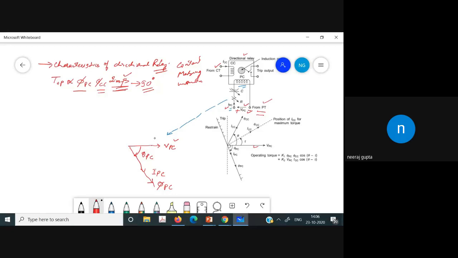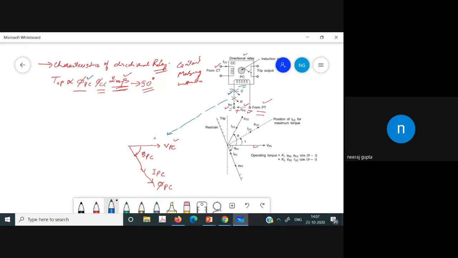So this angle should be equal to 90 degrees. Let us suppose phi PC is coming from this, and we can vary the angle theta PC by varying the value of this capacitance.